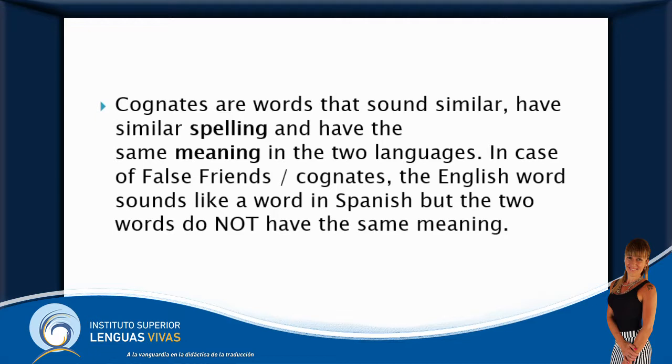For instance, I usually find actually as actualmente, or assist, carpet, lecture, realize, sensitive as common mistakes.